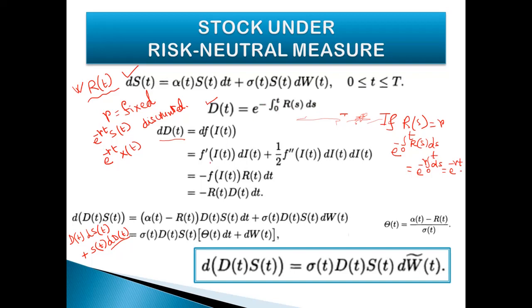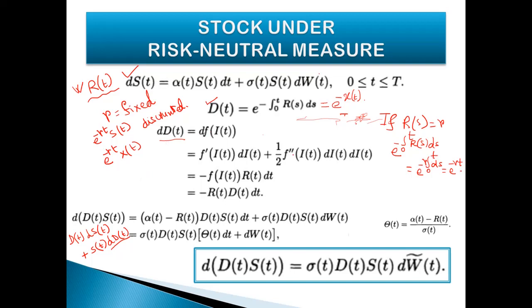So you can consider this as something like e to the power minus x_t. Maybe x_t is better: e to the power minus x_t. So when we need the dD_t here, we can write it down.